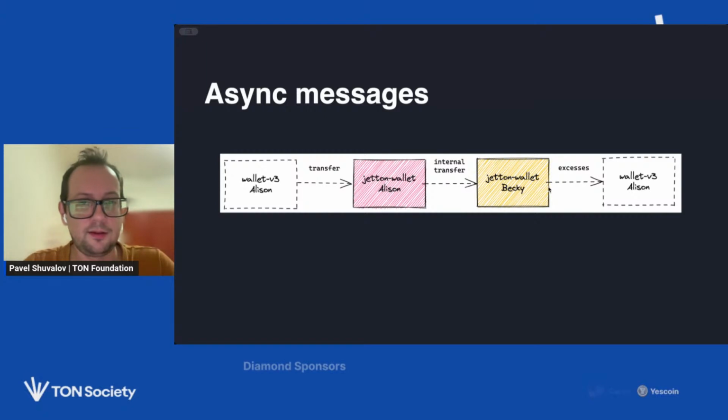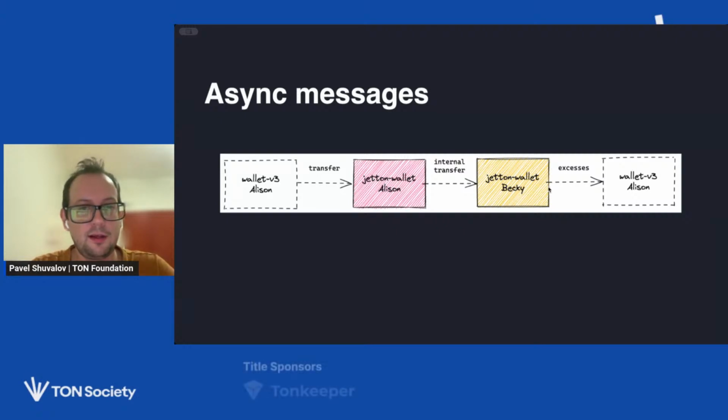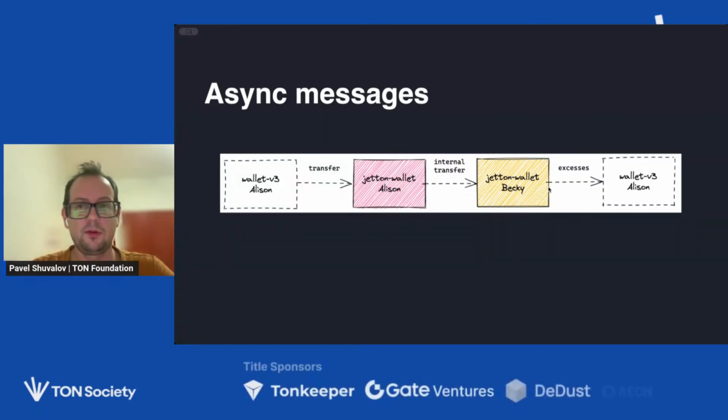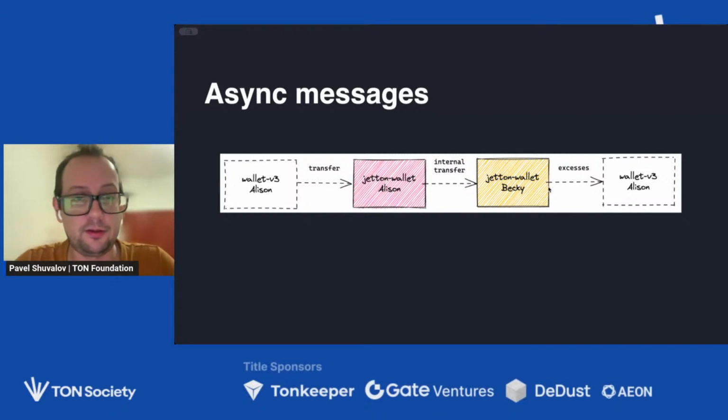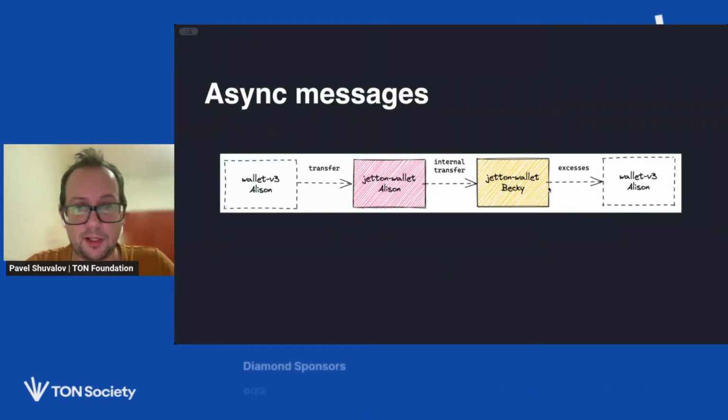For example, Alice is going to send some tokens to Bob, and Alice is sending a special transfer message to a special smart contract that holds Alice's balance for this token, and this smart contract is sending an internal message to the same smart contract for Bob, and after that, Bob receives a notification that his balance was updated.